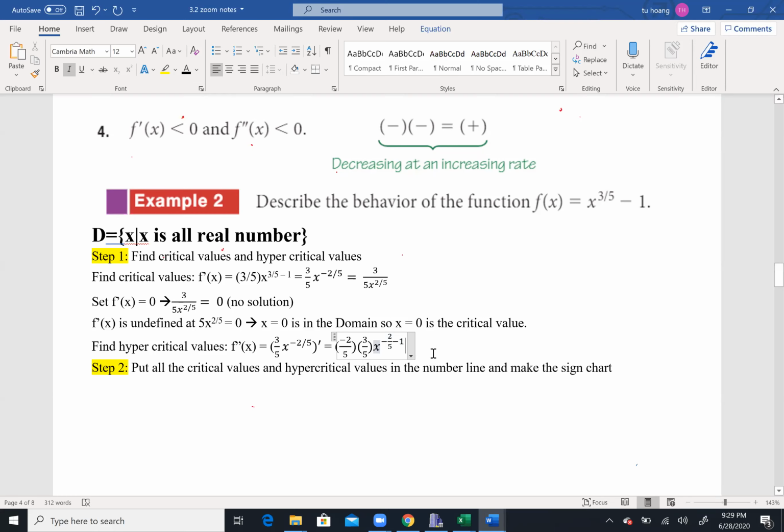Now I'm going to have negative 2/5 times 3/5, which will be negative 6 over 25.